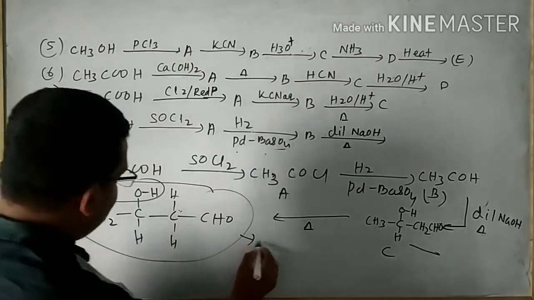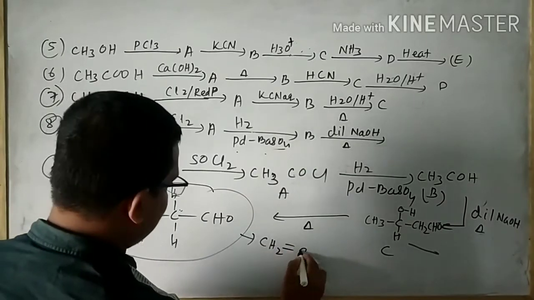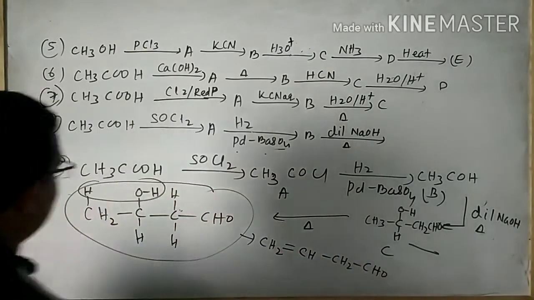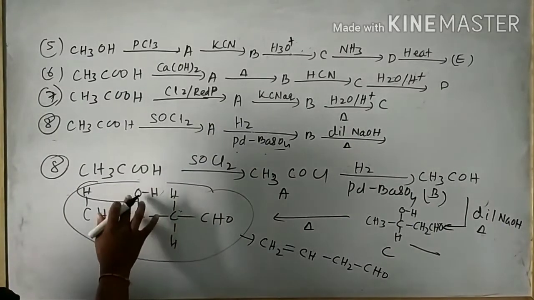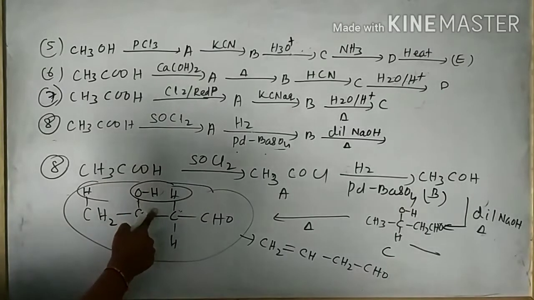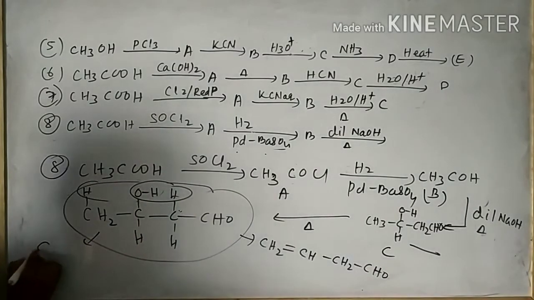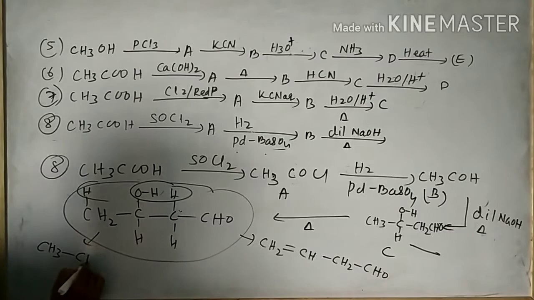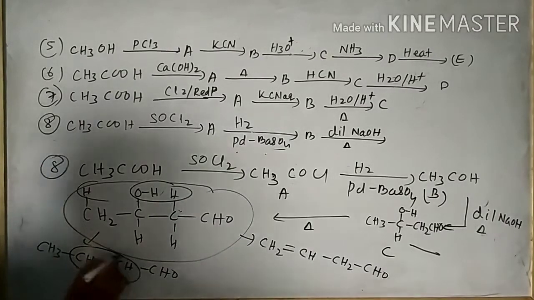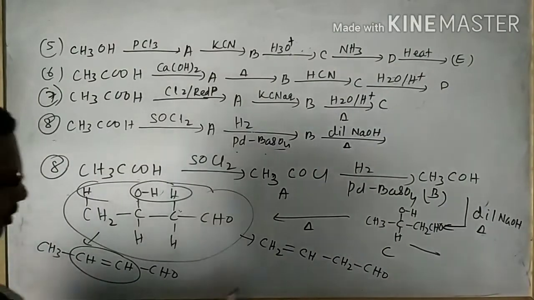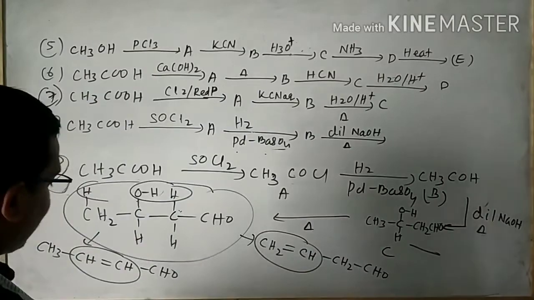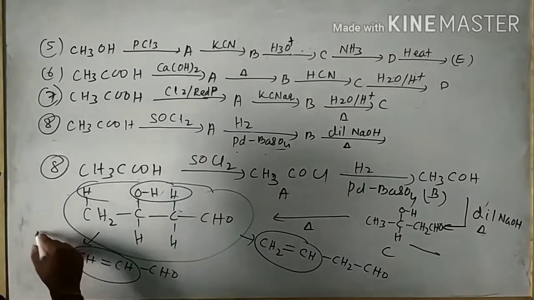That means the compound is CH2 double bond CH bond CH2 CHO. If I remove a water molecule with the help of this OH and H, then the double bond will be formed here. That means we can write CH3 bond CH double bond CH bond CHO. Here terminal alkene is formed, here internal alkene is formed. We know that internal alkene is more stable, so we write this product.